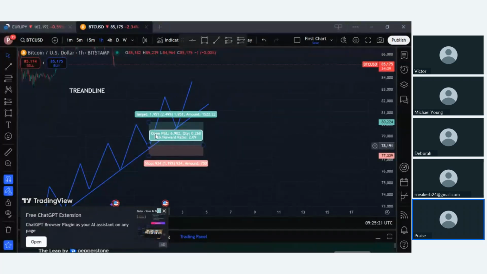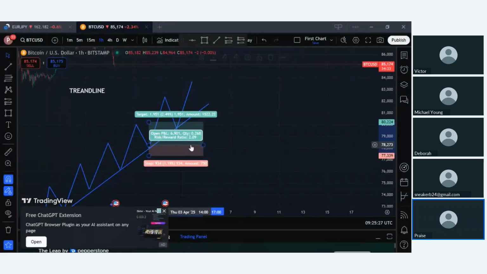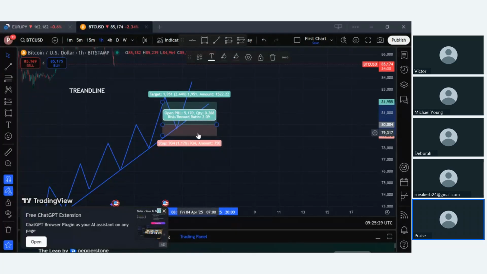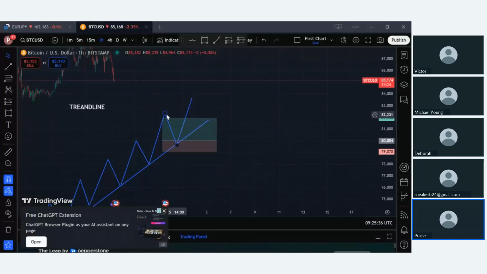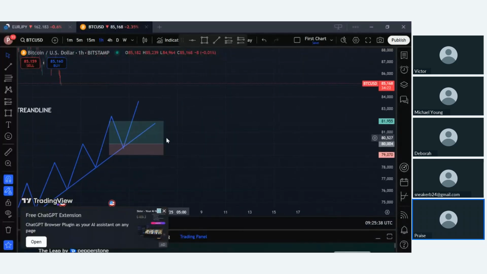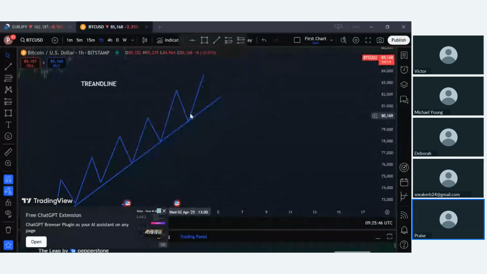The market will come up and take out that high, and when it comes back and we notice a bounce, we can take another entry, with our stop loss at the bottom as well. Then we target the high again, and so on. This way we can be following the trend upward. Every time the market bounces, we want to take an entry.